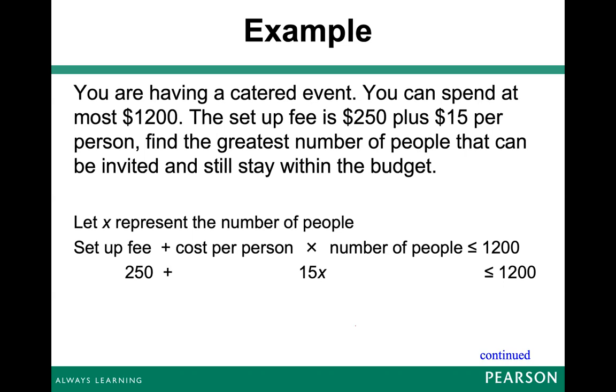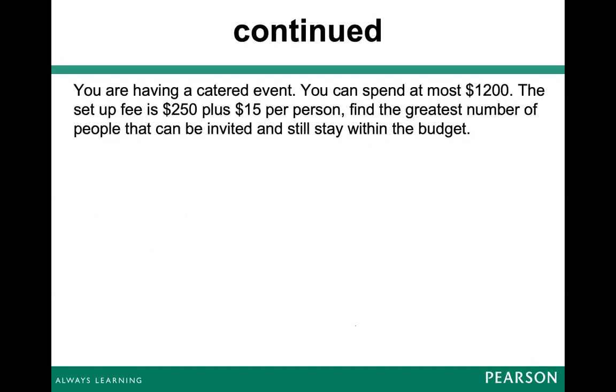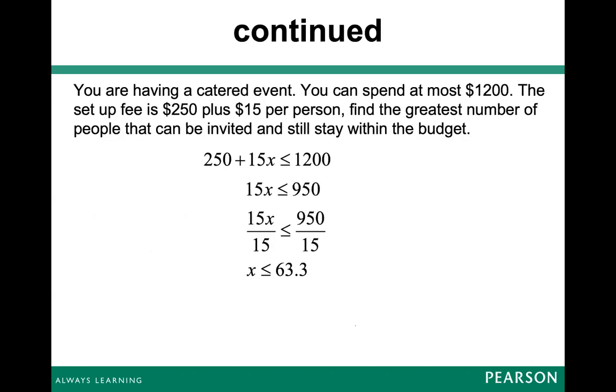So that turns into 250 plus 15x is less than or equal to 1,200. Subtracting 250 on both sides gives you 15x is less than or equal to 950. Dividing both sides by 15 gives you x is less than or equal to 63.3.